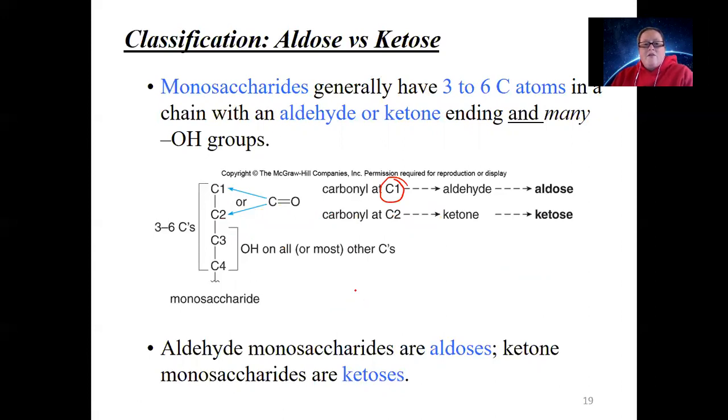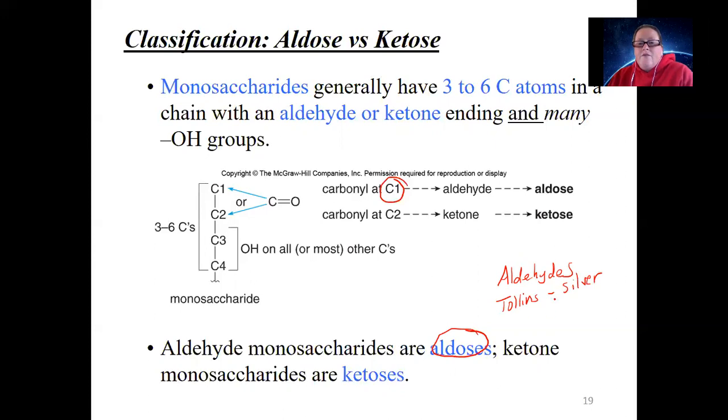Something that will come into play later is that aldoses that are monosaccharides will oxidize to form carboxylic acids, and we can use a series of tests that signify that. Just as a little introduction, we have the Tollens test, which was the silver mirror.